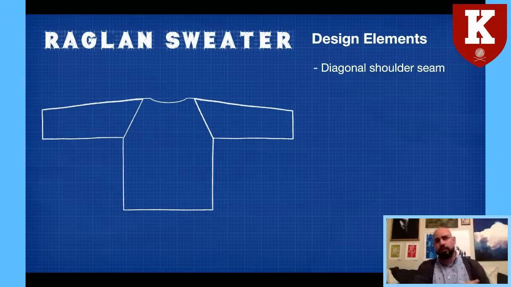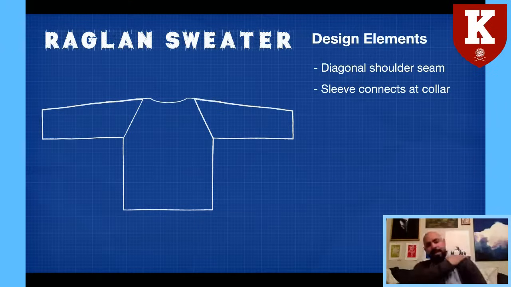I did a sweater once where I had a cable going along the middle. The sleeve is kind of like a diamond shape. You have the body of the sleeve, and then the top of it is like a big point. That connects at the collar at the top, and then it works along on both sides, the front and the back, to create the sleeve.